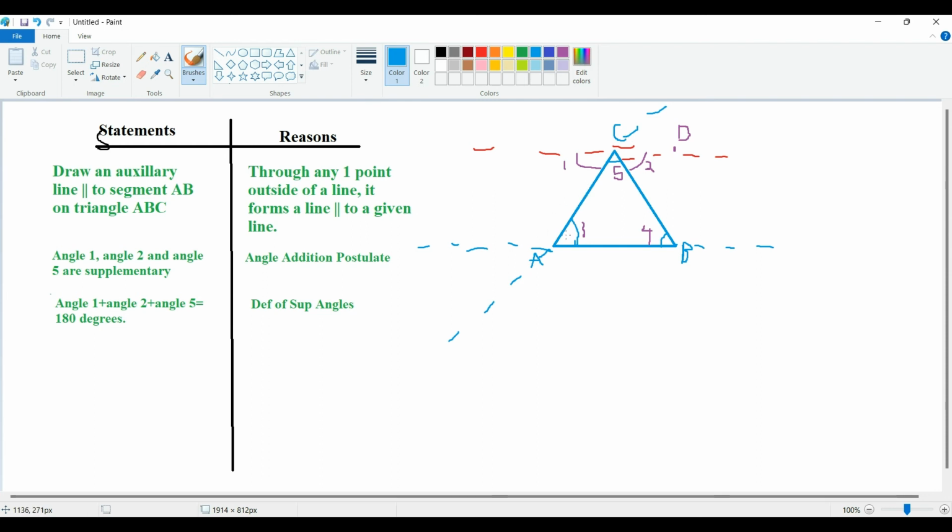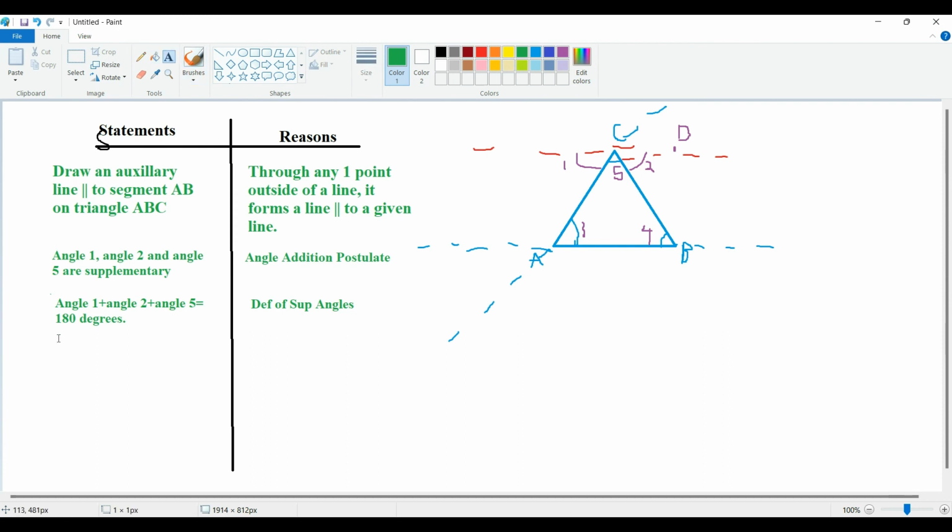And there is a theorem that states that if there are a pair of parallel lines, in this case let's just put CD and AB, and they're cut by a transversal, then the alternate interior angles, in this case 1 and 3, as well as 2 and 4 respectively, will be congruent. Let's also write that on the side.